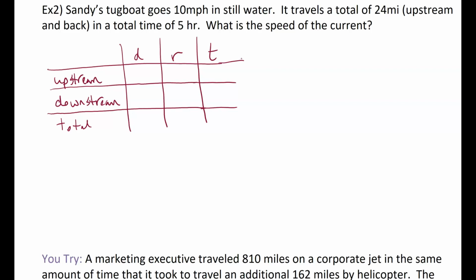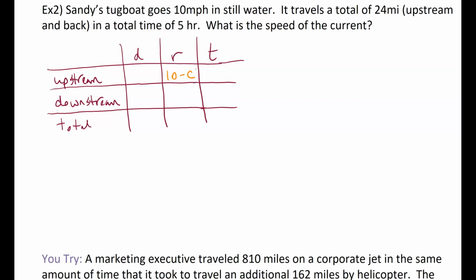All right, so what does that say about going upstream? It's B plus C or B minus C. B minus C if we're doing upstream, but do we know what B is this time? Yes. B is 10, right? So upstream will be 10 minus C.